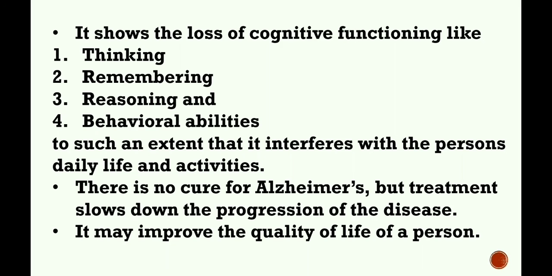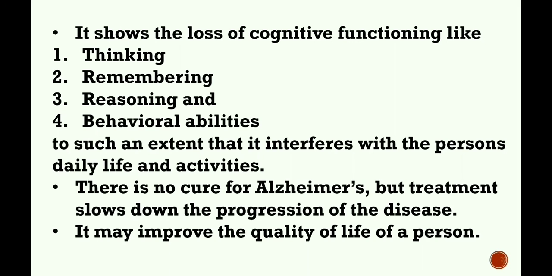A person is unable to think properly, does not remember whatever he said, does not remember words, does not remember how to reason, how to eat, and whatever behavior. These daily life abilities start degenerating to such an extent that it interferes with the person's daily life and activities.